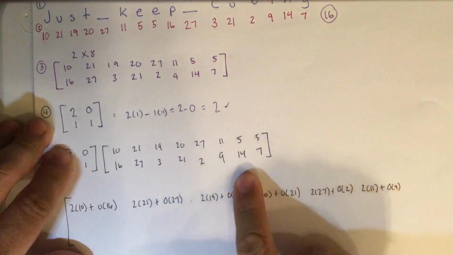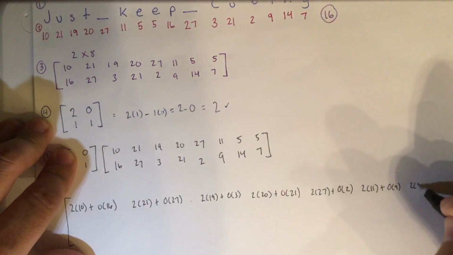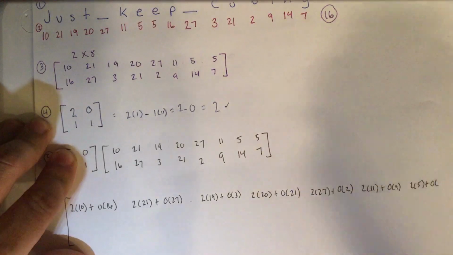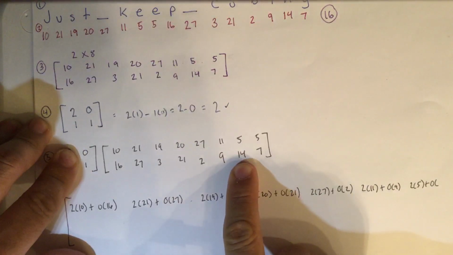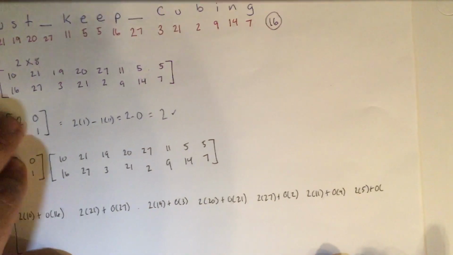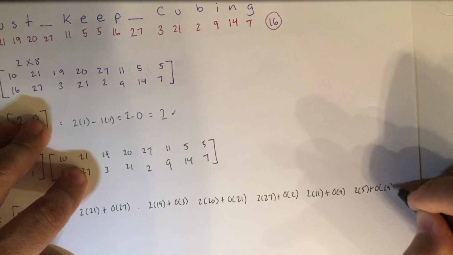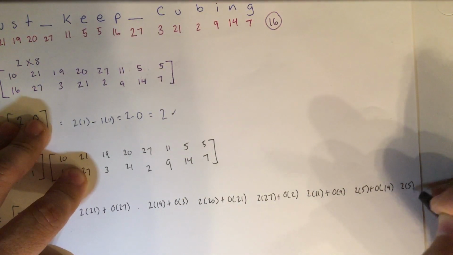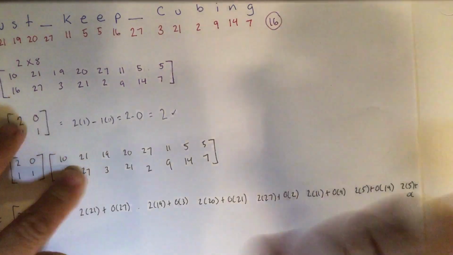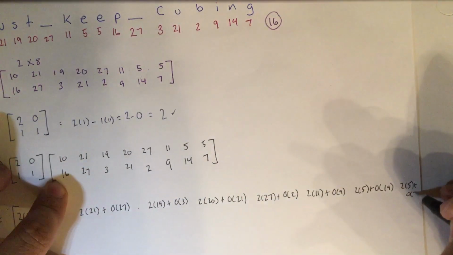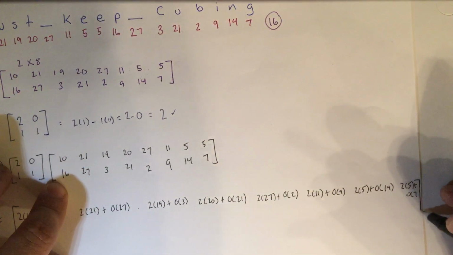And then I have 2 times 5 plus 0 times 14. And the last one is 2 times 5 plus 0 times 7. All right, and that's the end of that part there.